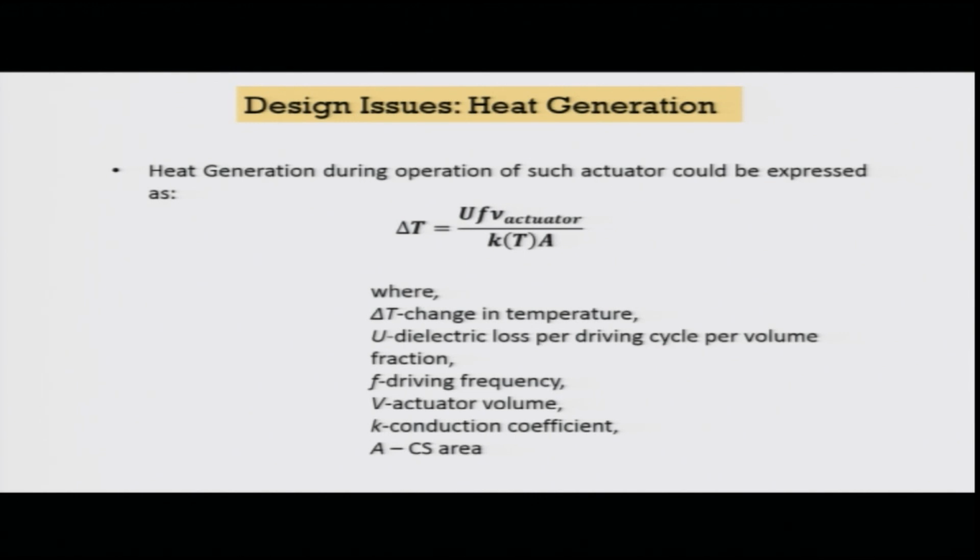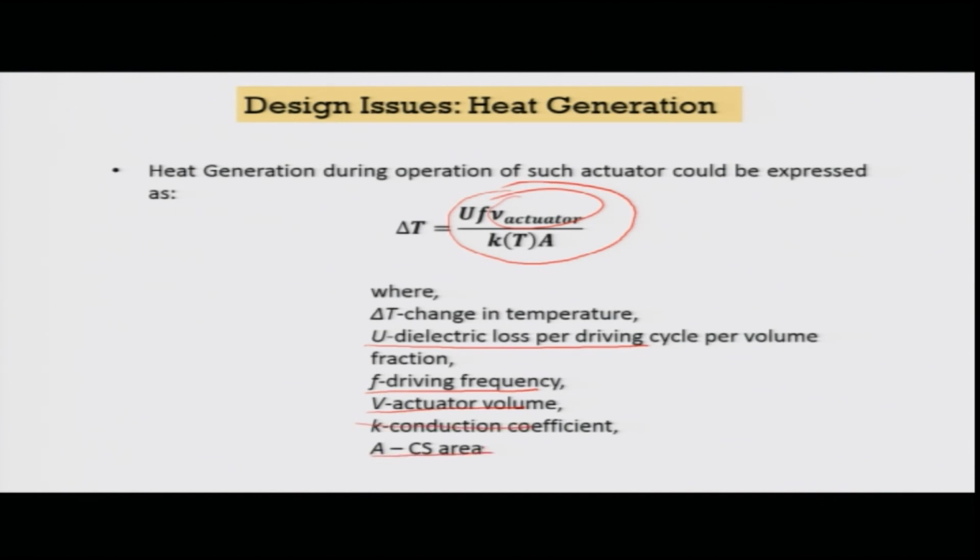Now, how does heat get generated in the system? Because you are applying current and it is working like a capacitor, you can find out the temperature that is developed in the system, where U is the dielectric loss per driving cycle, F is the driving frequency, V is the actuator volume, K is the conduction coefficient and A is the cross sectional area.